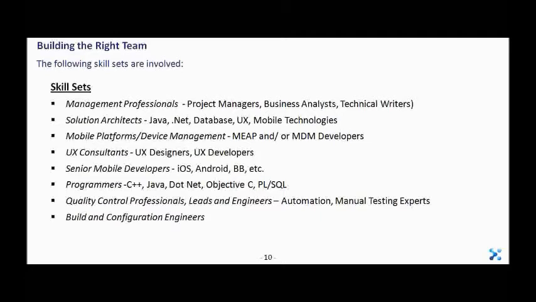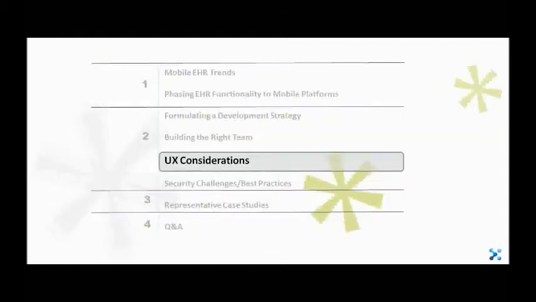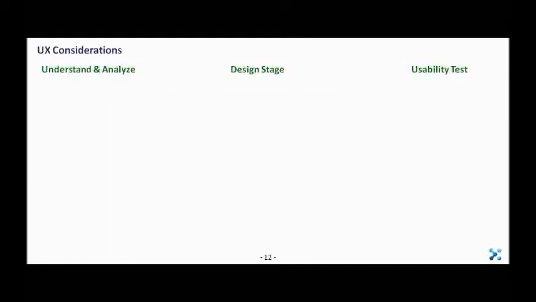So now let's talk a bit about the UX process that we generally find is useful to organize in this space. Pretty standard, pretty straightforward, but lots of challenges within this area to develop a strong UX.